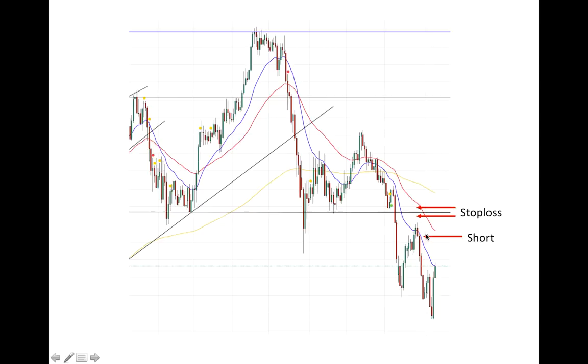So let's look at some examples to better illustrate this point. In the first example, this is clearly a downtrend. If you were to initiate a short position here, you can choose to place your stop loss somewhere around here. The reason why there's quite a big buffer is because if you observe the prior price movements of this counter, you will notice that there are a lot of big counter trend fluctuations and large spikes on the shadow.